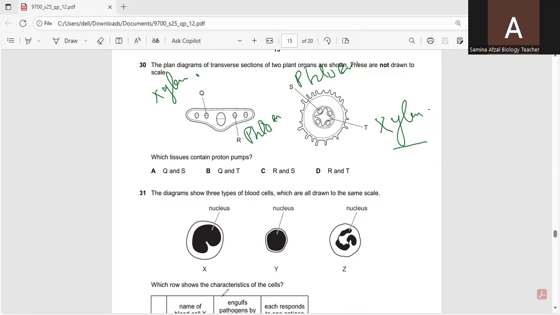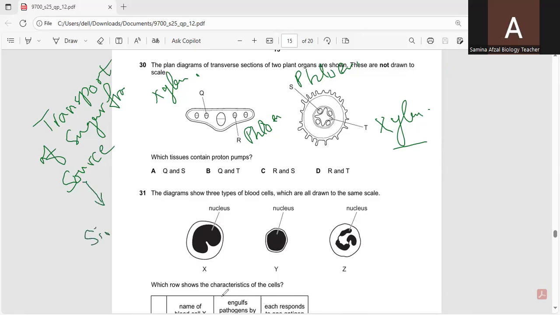S is the phloem in the stem and R is the phloem in the leaf. The phloem's primary function is the transport of sugar from the source, where the carbohydrates are formed, towards the sink. They can be roots, shoots, or fruits, in a process called translocation.